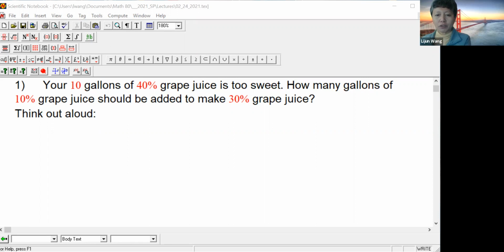Send me a picture of your 6 flashcards. Take one picture, please. Just one picture.